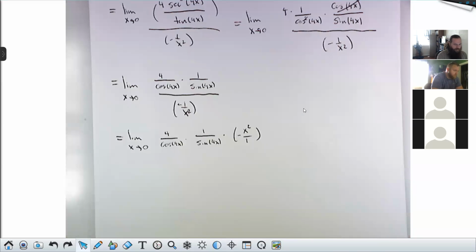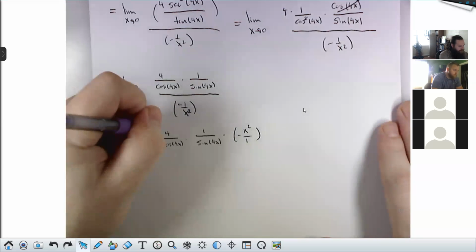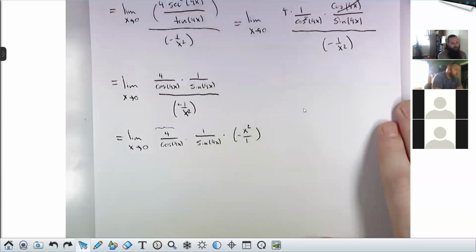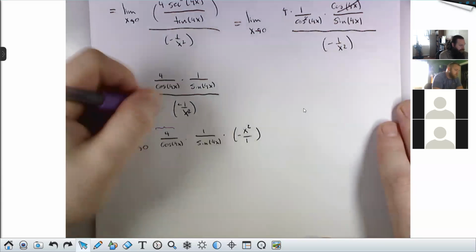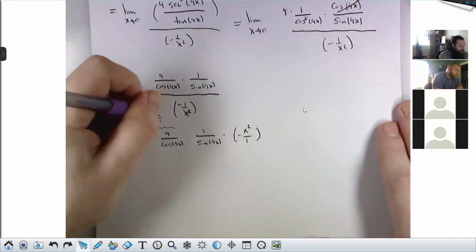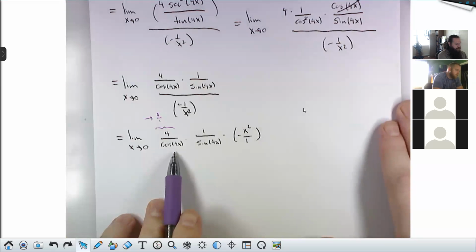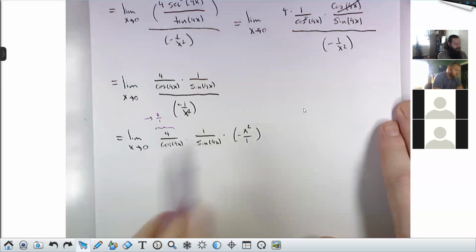So let's look and see which pieces are problematic and which pieces are not. This piece is not a problem, because this is just going to 4/1. The cosine of 0 is 1, so this piece goes to 4/1. This piece is a problem.